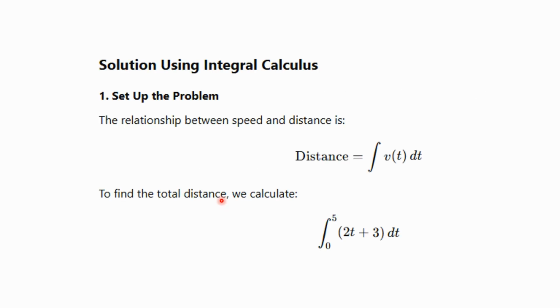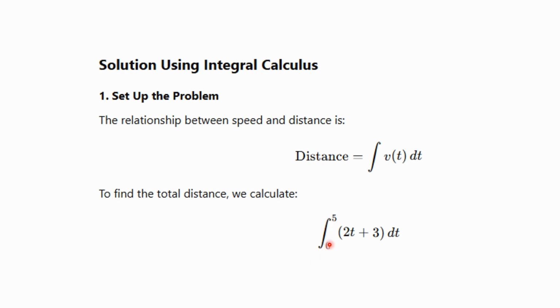So, in order to set this problem up, we want to use integral calculus. The first thing to do is write out the relationship between the speed and the distance. This might look familiar. Distance would be the speed times the time, but in this case, we have an integral of v of t dt. To find that total distance, we're going to calculate using these limits, 0 to 5.